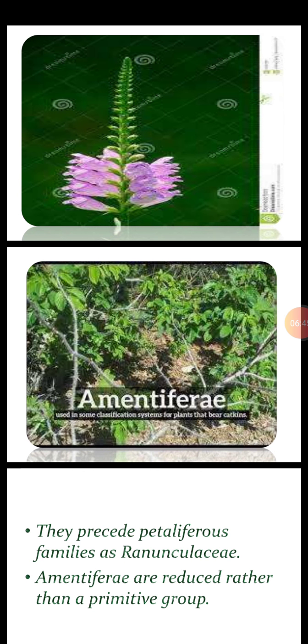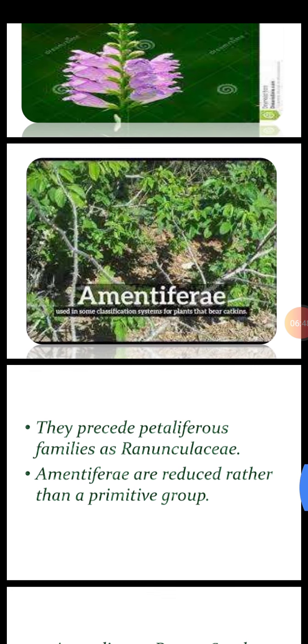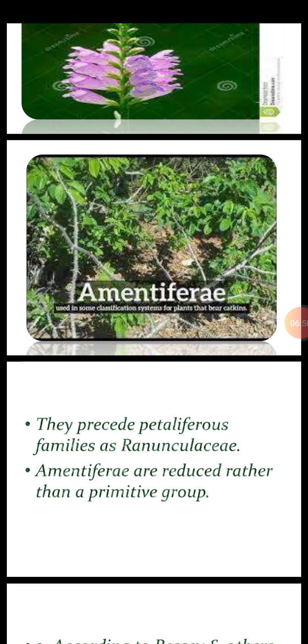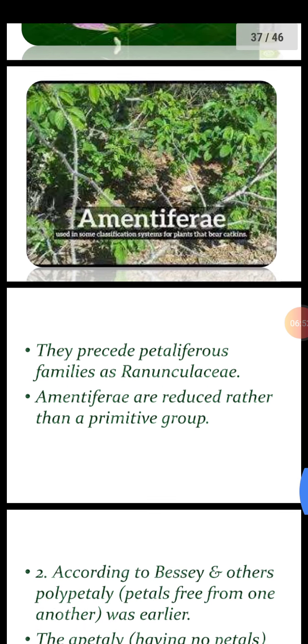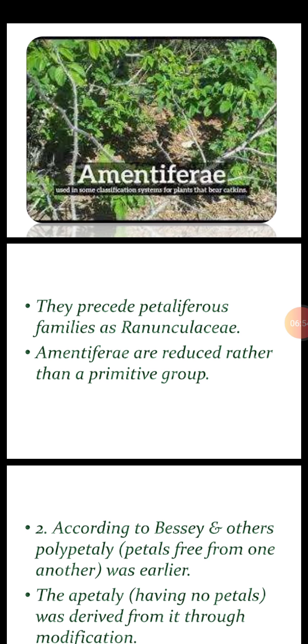Group Amentiferae. It is used in the classification system. They precede petaliferous families such as Ranunculaceae. Amentiferae, which is used in classification, are a reduced rather than a primitive group.